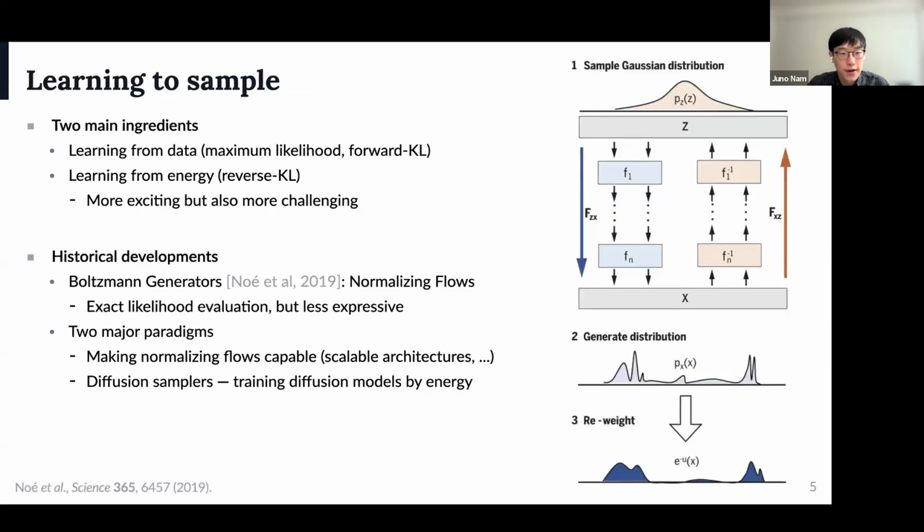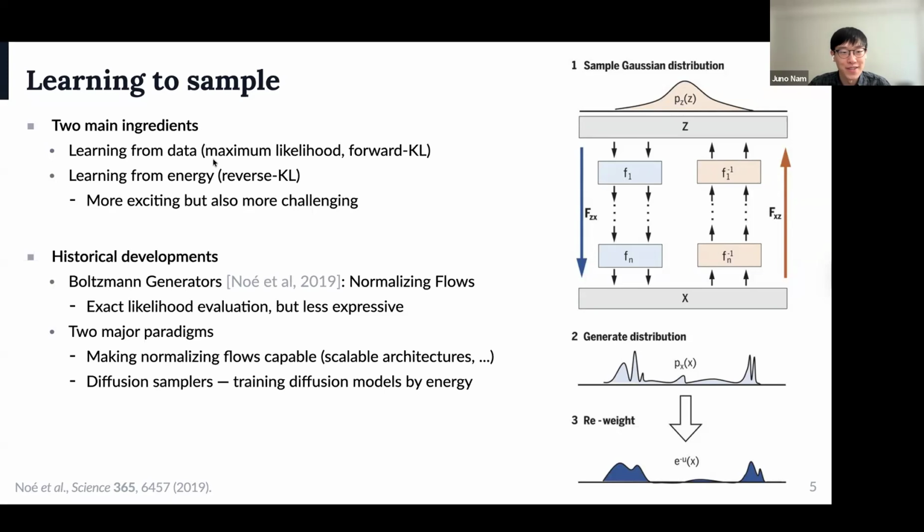So there are two main ingredients if we want to learn the sampling distribution. We can either learn from data that are already sampled by existing samplers, or we could also learn from the energy function without relying on existing data.